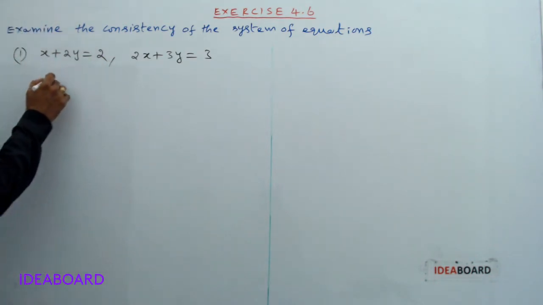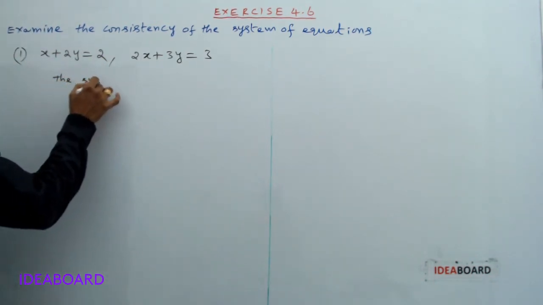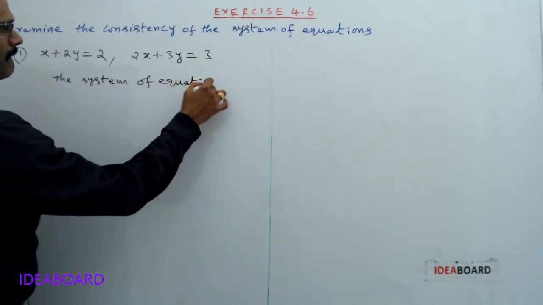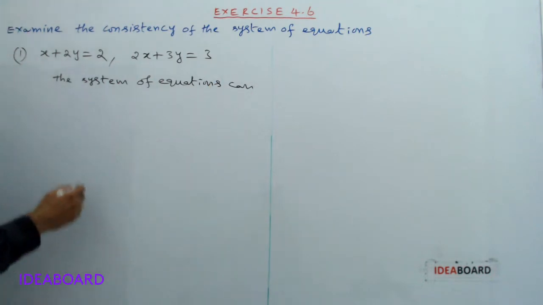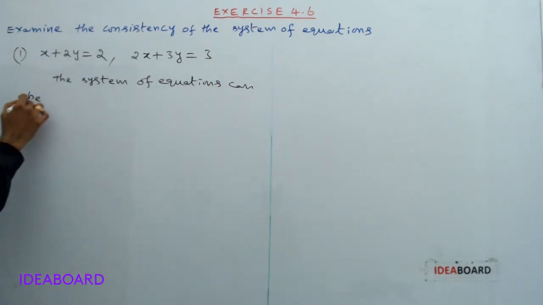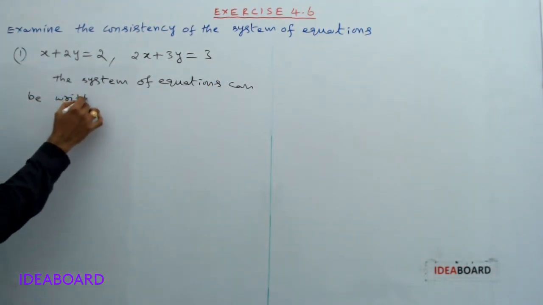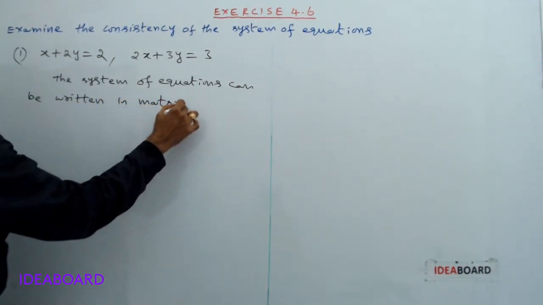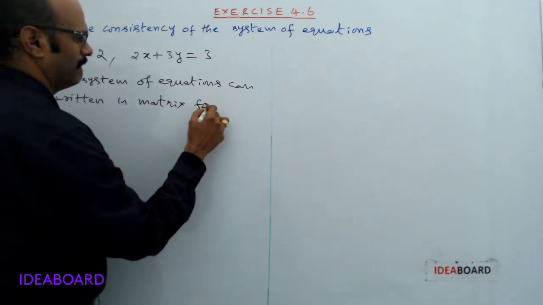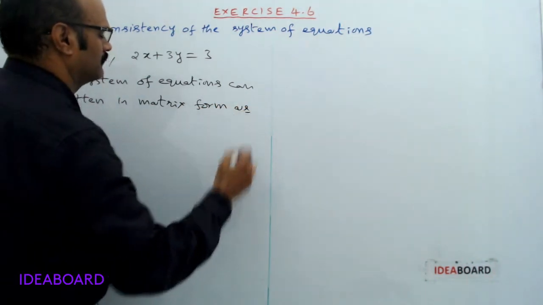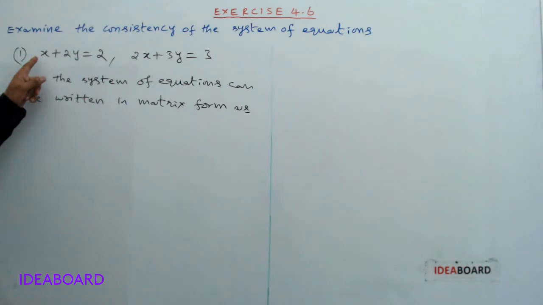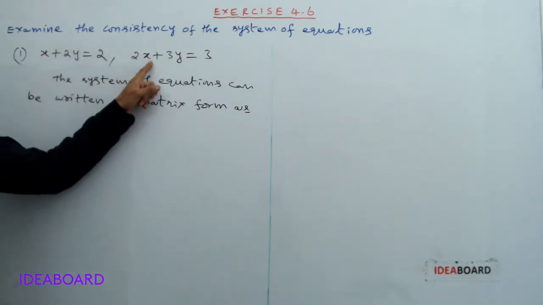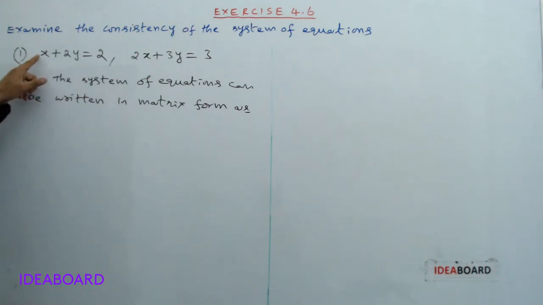The system of equations can be written in matrix form as: first we take the coefficients of the given two equations, the coefficients of x and y.